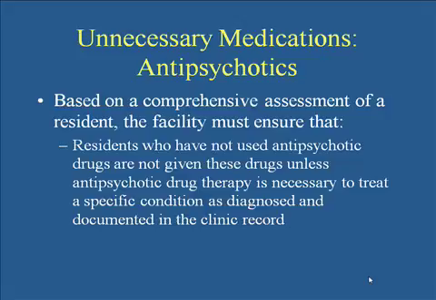So basically, if a person is coming into a nursing facility, or if they are in a nursing facility and we're going to consider using antipsychotic medications, we better have some pretty good reasons for that, is what this regulation says.